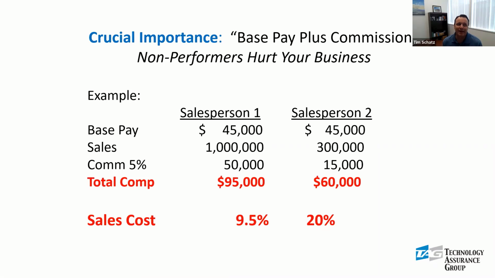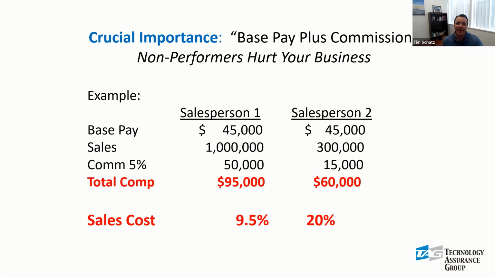If they're not performing, it's easy for that number to be 20, 25, 30%. If somebody's making 60 grand and they only brought in $180,000, that happens. And it could be because the salesperson's new and they're getting ramped up, but they need to get on the stick pretty good.